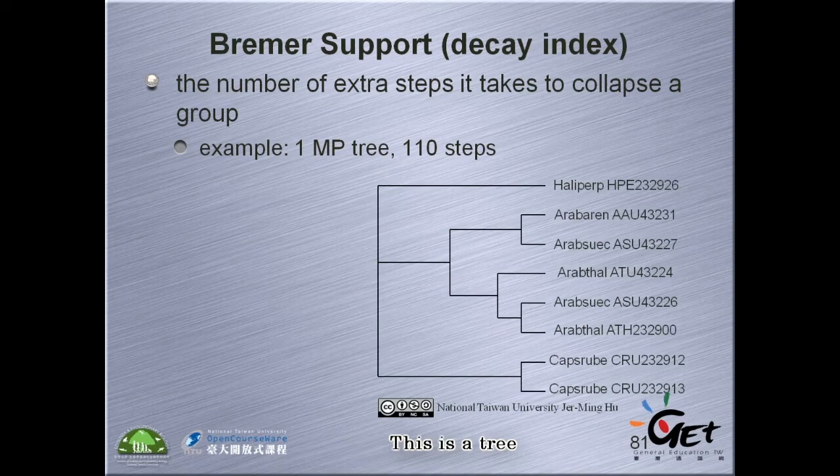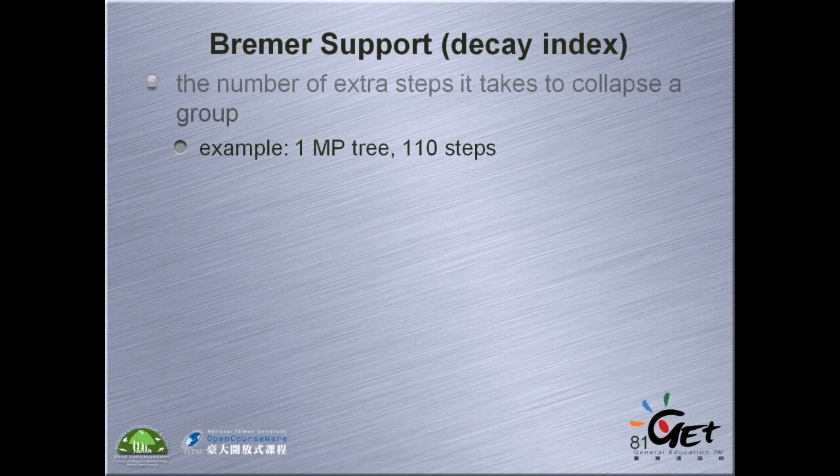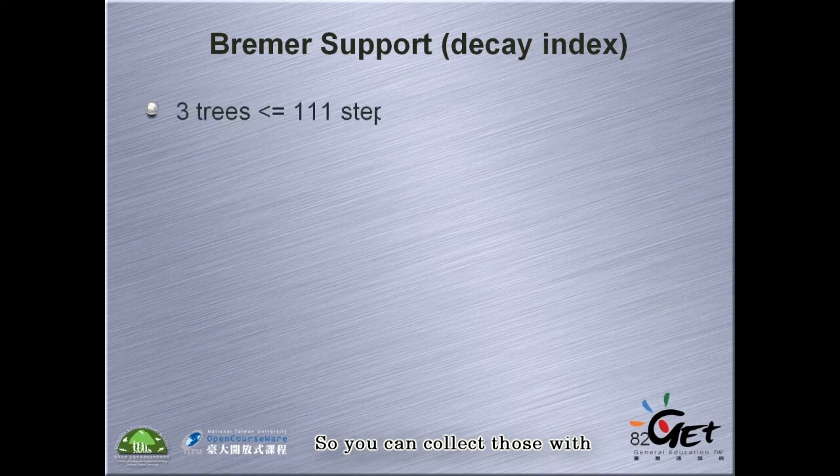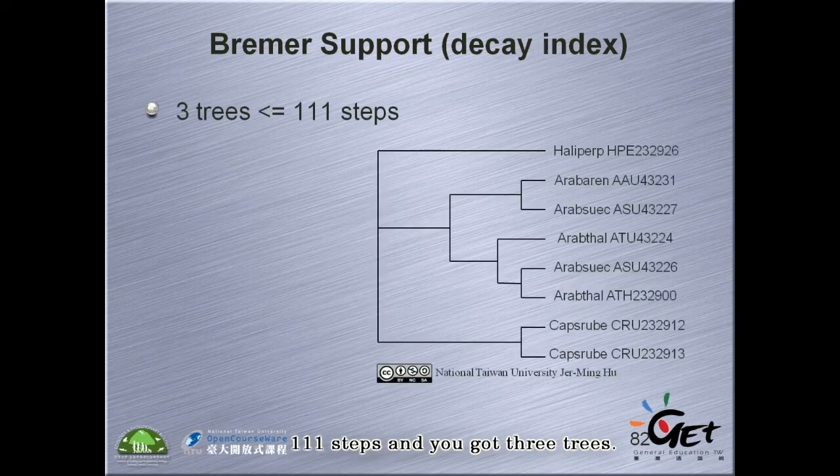This is a tree from the sequences of Arabidopsis and related taxa. This is the single most parsimonious tree, with 110 steps. You can collect those with 111 steps, and you get 3 trees.